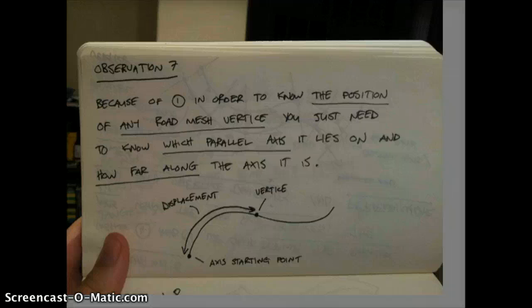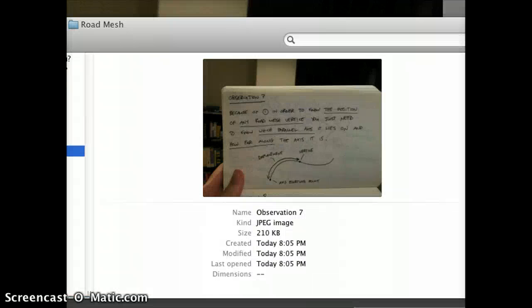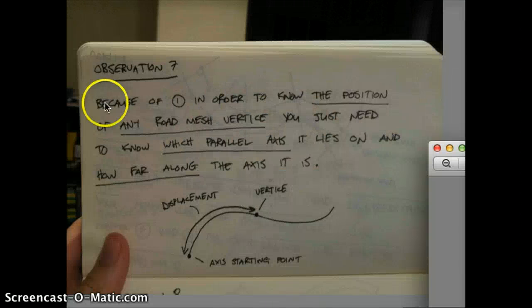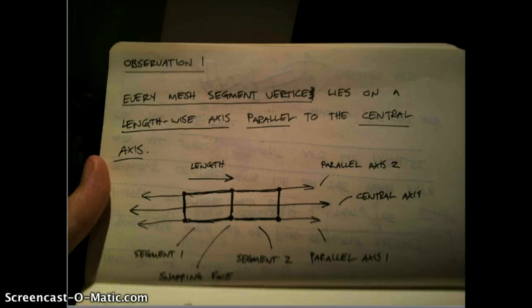In order to know the position of any road mesh vertex, you just need to know which parallel axis it lies on and how far along the axis you are. So 1 says that every vertex is sitting on an axis that's parallel to the central axis. It's just another way of defining a vertex.